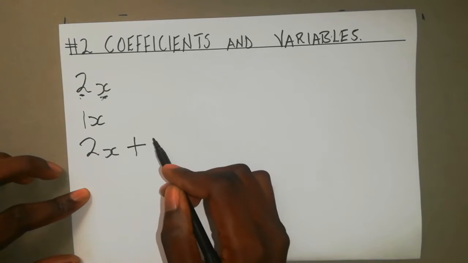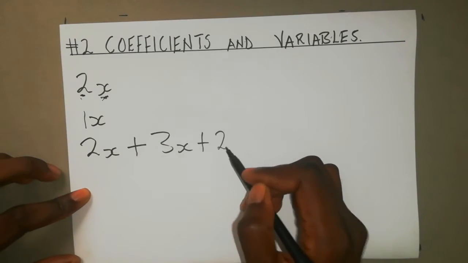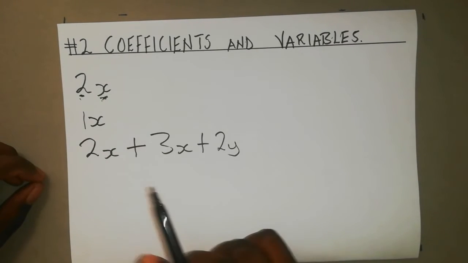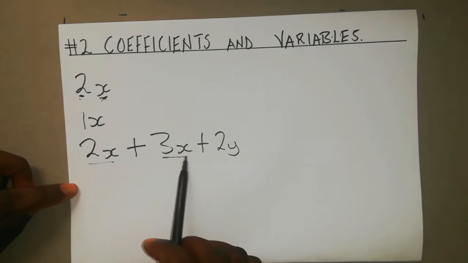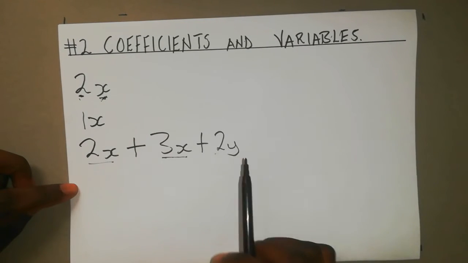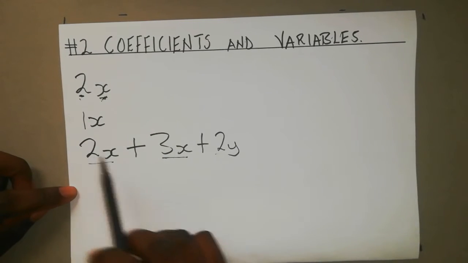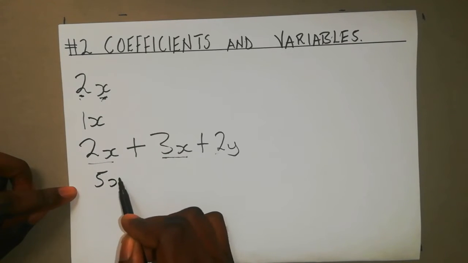2x plus 3x plus 2y. In this case, guys, what you are supposed to understand is that we have got two like terms here, and this is an unlike term. Therefore, you are going to add 2 plus 3, so that's 5x.